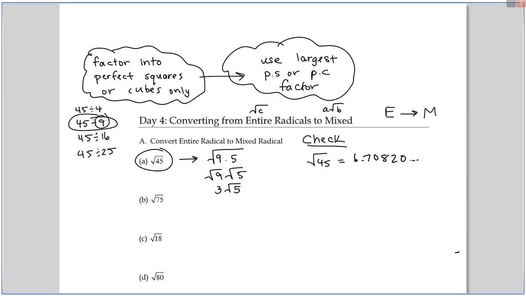It stops on your calculator screen, but not in reality. So what do we call this type of number? Irrational. Now type in 3 root 5 into your calculator. So type 3, then the square root sign, 5. The exact same thing? That's how you know you've done it correctly.